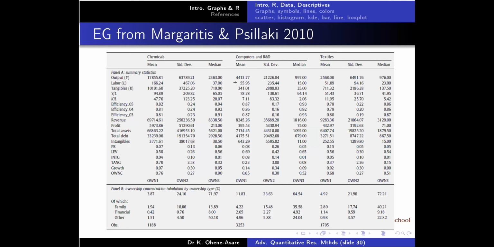Watch carefully the way the author has organized the data. He has given the mean, the standard deviation, and the median for each industry. And then at the bottom of the page, he has indicated the concentration by ownership.